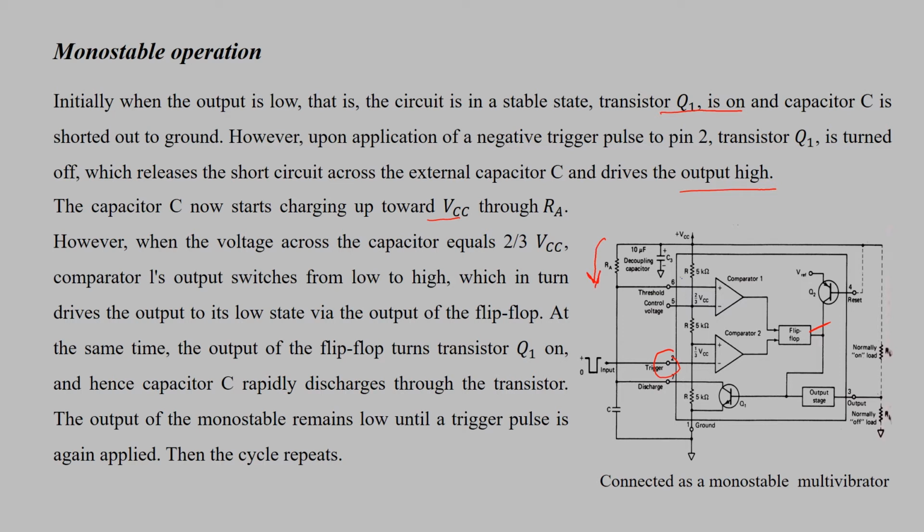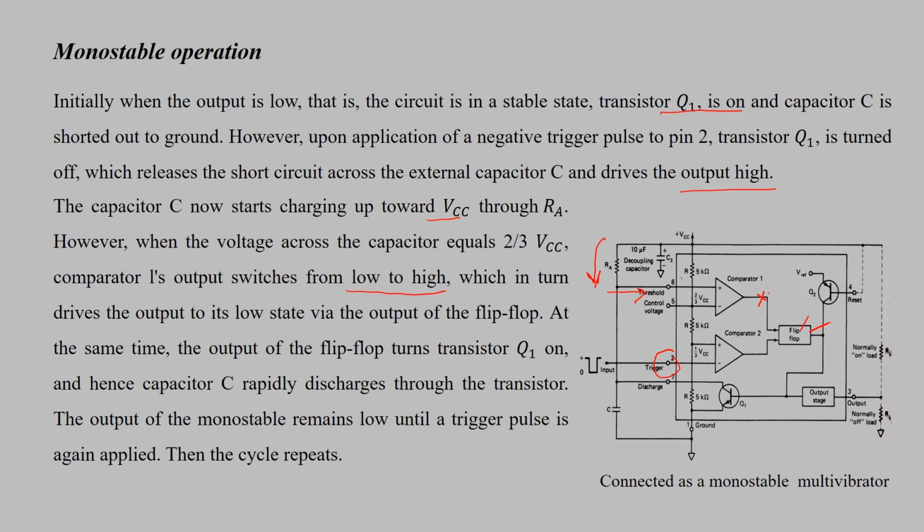However, when the voltage across the capacitor becomes 2/3 of VCC, the comparator 1's output switches from low to high, which in turn drives the output to its low state via this flip-flop.